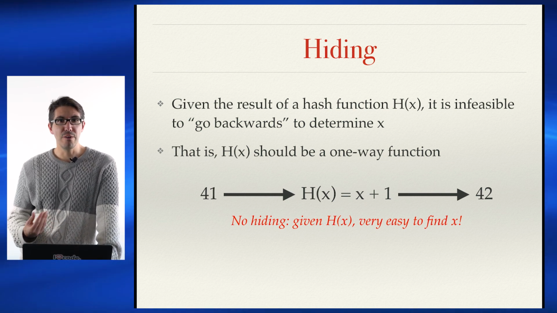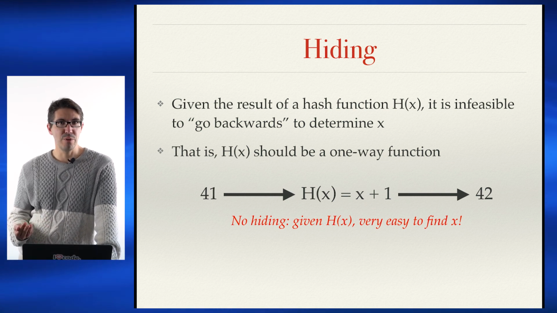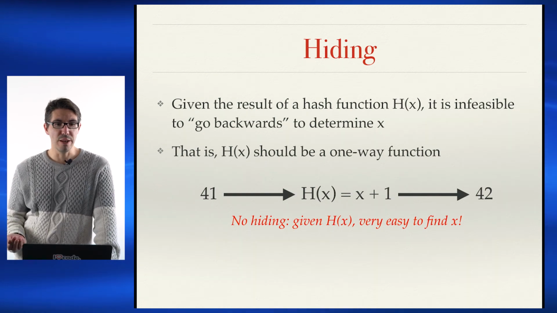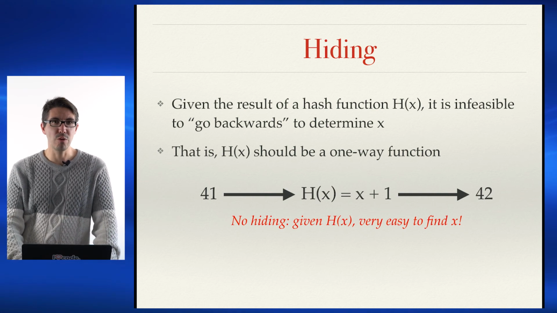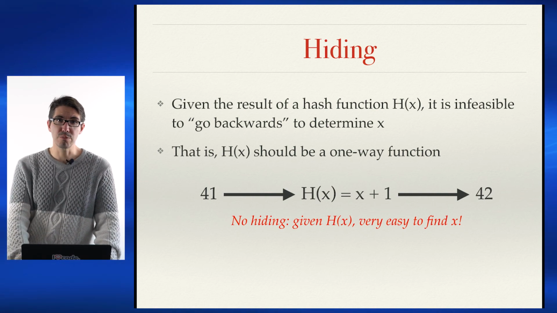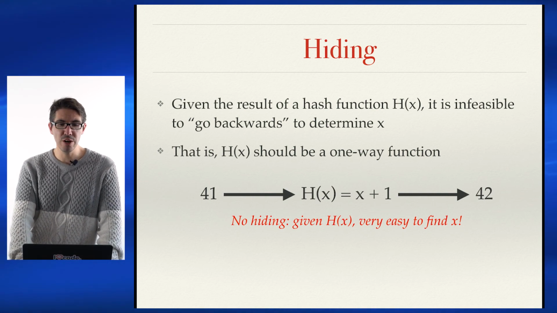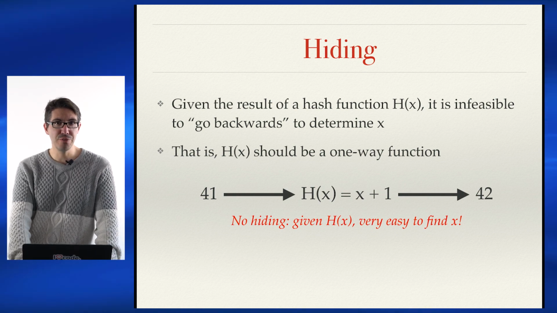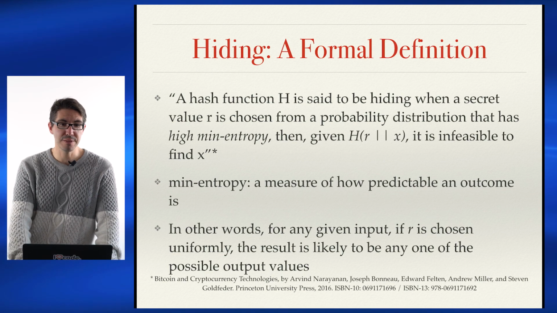If our function, for example, h of x is equal to x plus 1, this is not hiding. If I tell you the result is 42, and you know the algorithm, it should be very easy for you to figure out that, if I'm adding 1, to do the inverse, I just subtract 1. So here we have no hiding. Given h of x, it is trivial to find x.